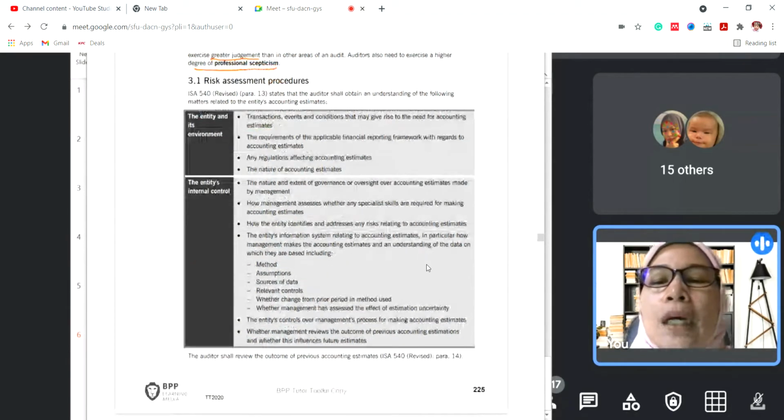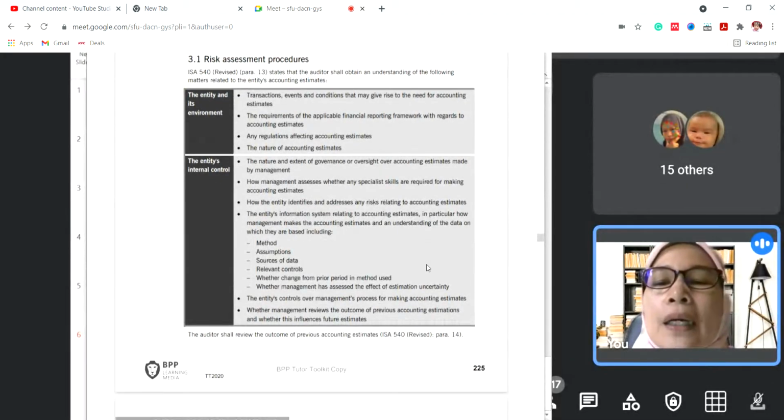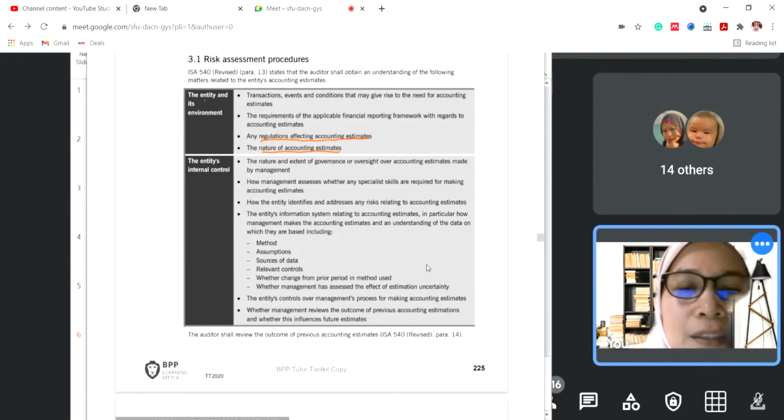What are the risk assessment procedures regarding the accounting estimate? You look at the entity and its environment, and the transactions, events and conditions that may give rise to the need for accounting estimates, especially regulation affecting the accounting estimate and the nature of the accounting estimate. At the beginning, look at the industry itself.